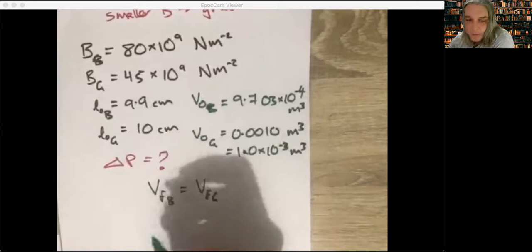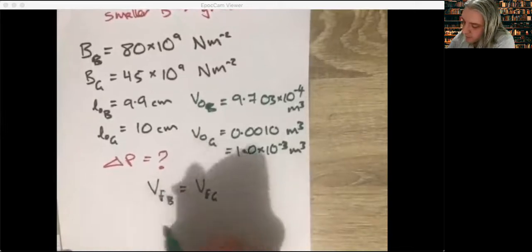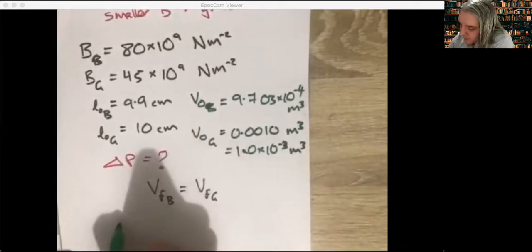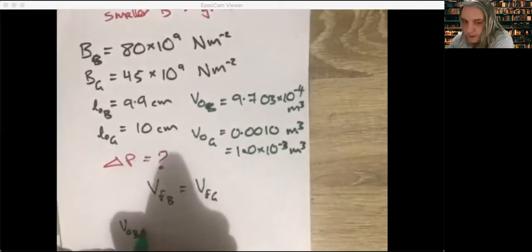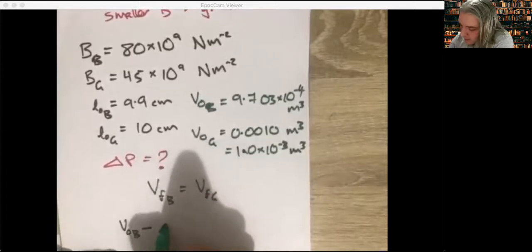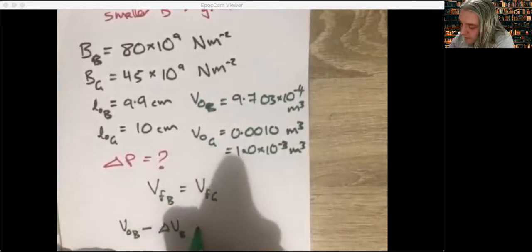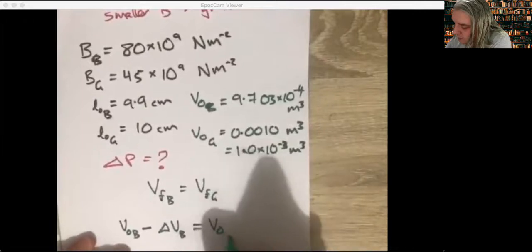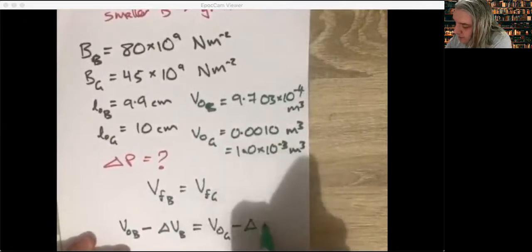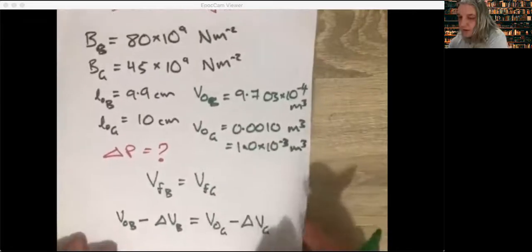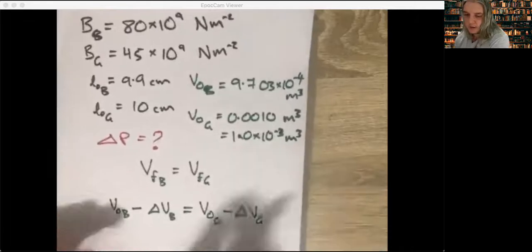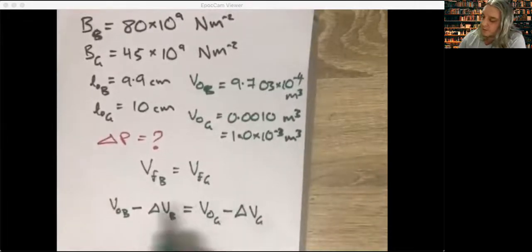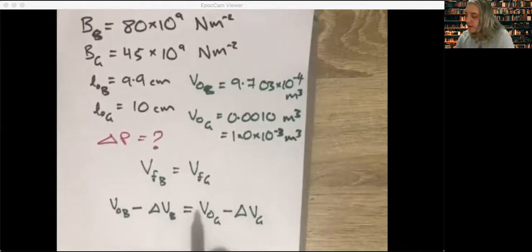We're going to say that our final volume for brass is equal to the original brass volume minus the change in volume for brass. And that has to be equal to the final granite volume, which is our original granite volume minus the change in granite volume. So that's our equation that we're trying to satisfy. We want these two sides to be equal.